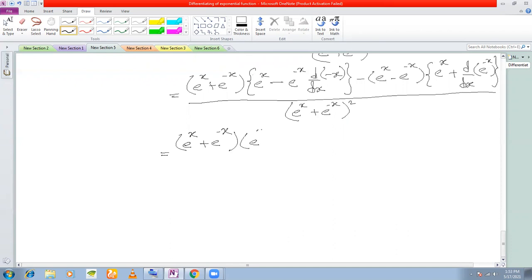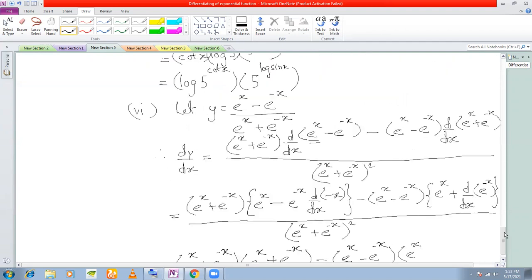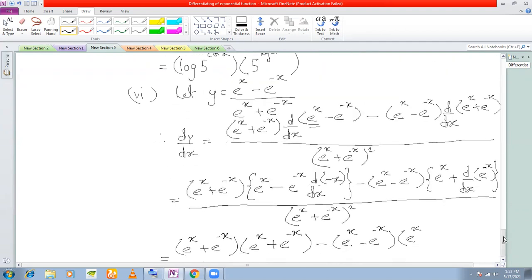e to the power of x plus e to the power of minus x. This will become e to the power of x. Now the d/dx of minus x is simply minus 1. This will become plus e to the power of minus x minus e to the power of minus x minus e to the power of minus x. And here this will be e to the power of x, again e to the power of d/dx e to the power of minus x. I think yes.